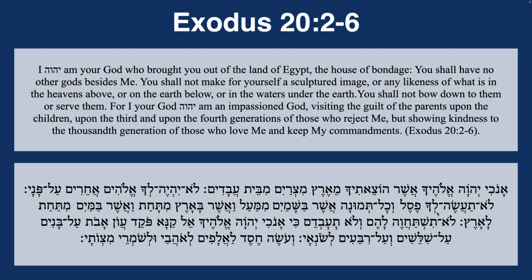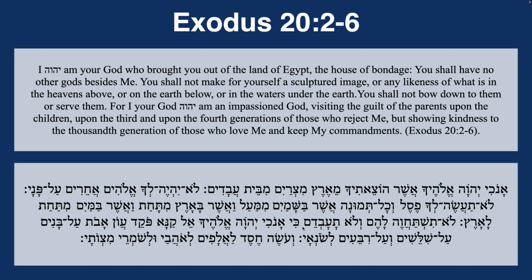Lo ta'aseh lecha fesel, vechol temuna asher bashamayim mimma'al, va asher ba'aretz mitachat, va asher b'mayim mitachat la'aretz, lo tishtachave lachem. Don't bow down to them.